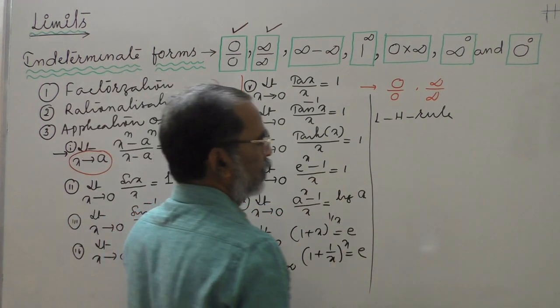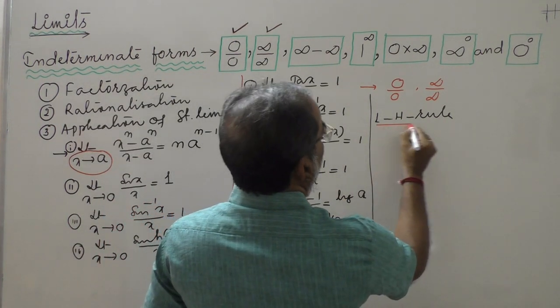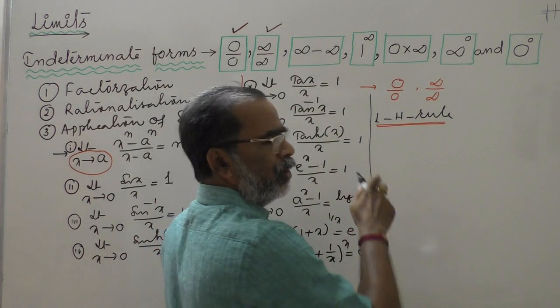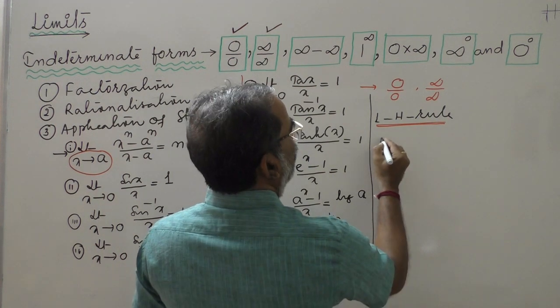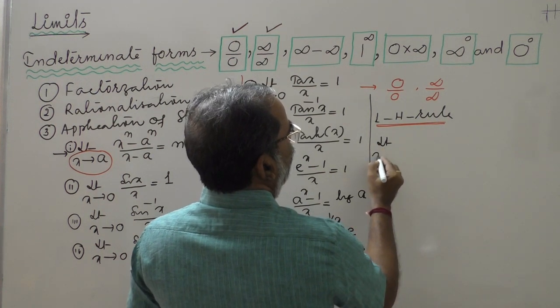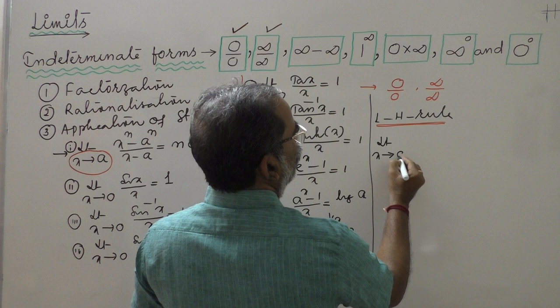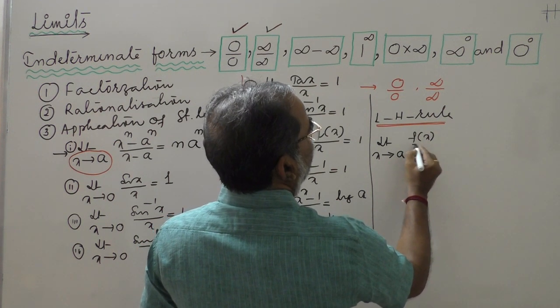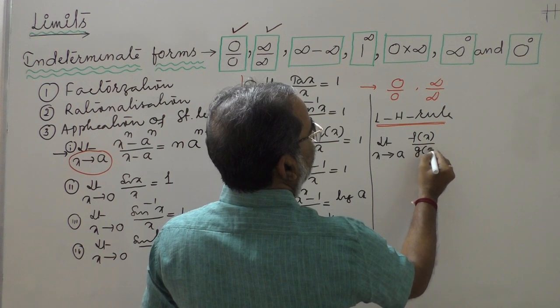What does this rule say? If the limit of a function is 0 by 0 or infinity by infinity, for example, limit x tends to any number, a function is given, f of x divided by g of x.